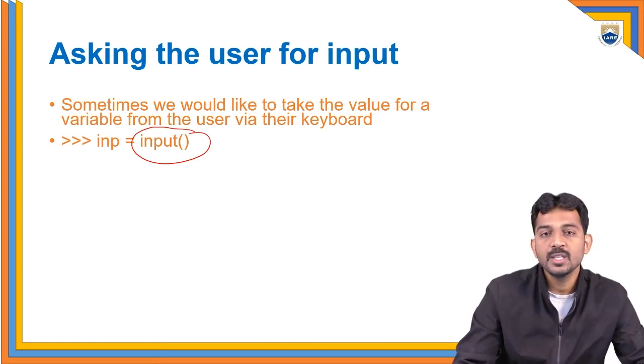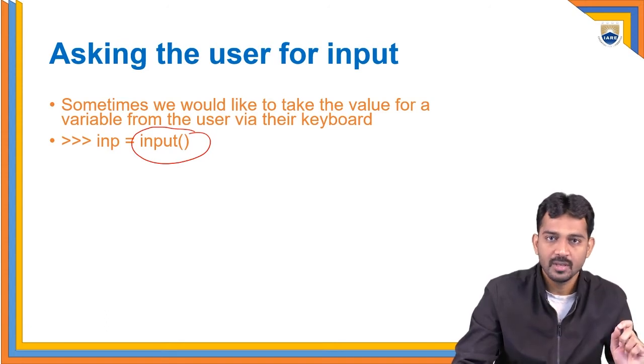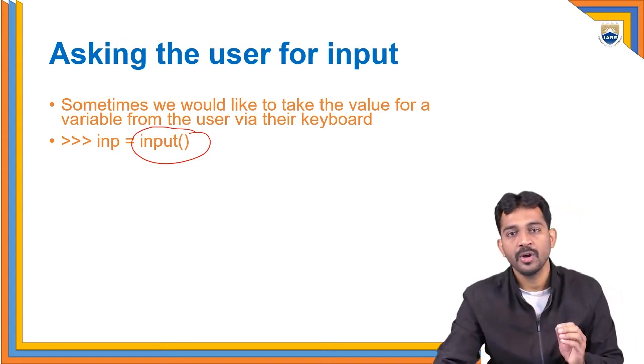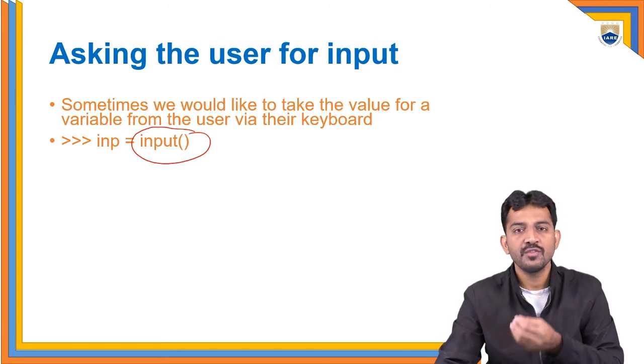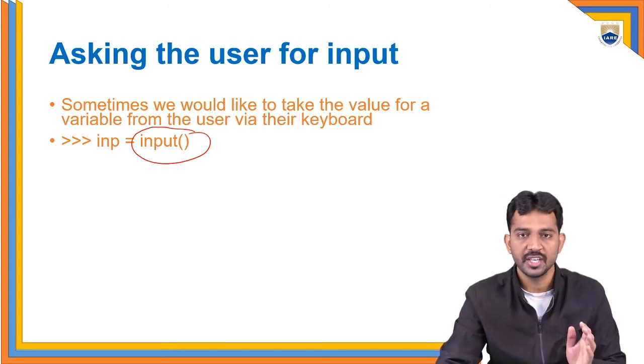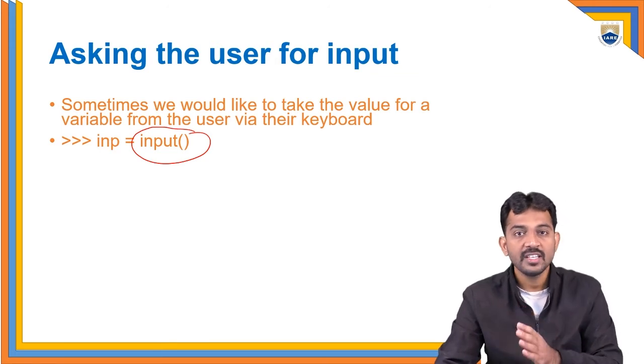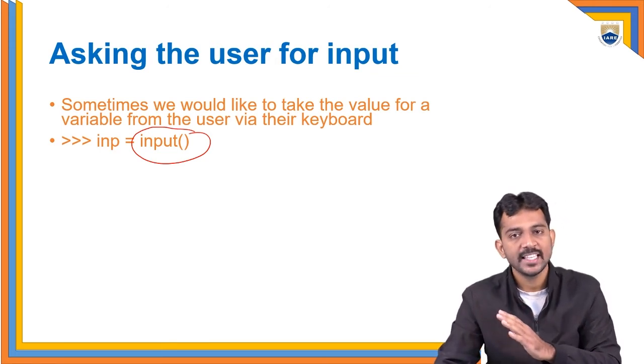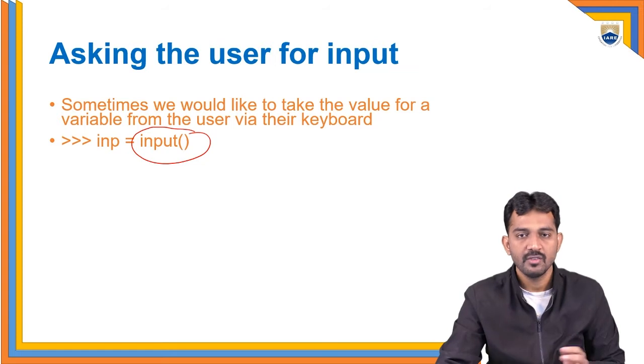Please remember one point here. The data which you read from the keyboard or console is in the form of string only. This is a very important point. Whichever data you read, even if you read a float value, that value is also in terms of string only. Whatever data you read from the input is in string format.